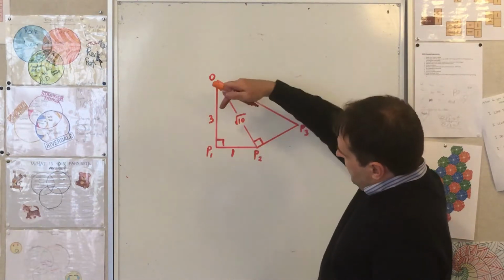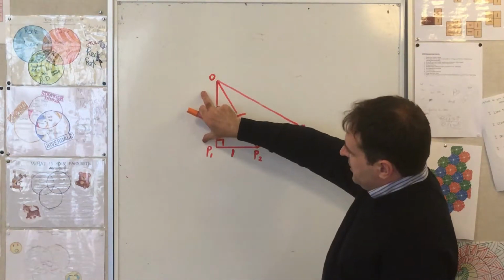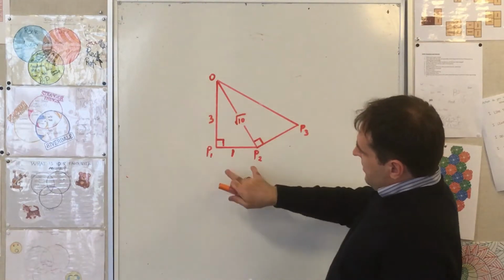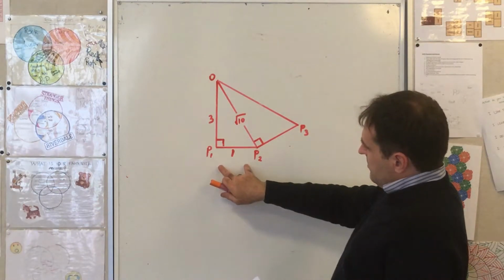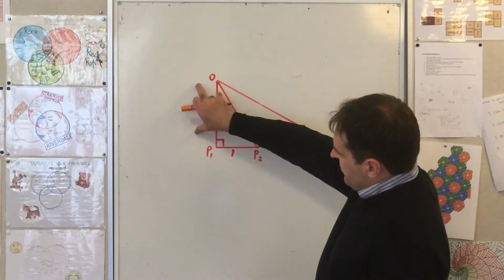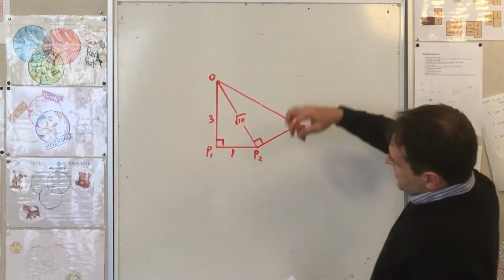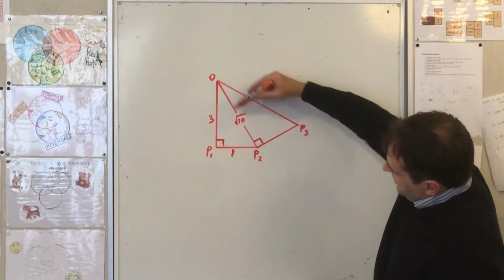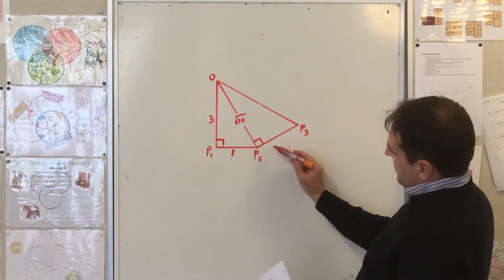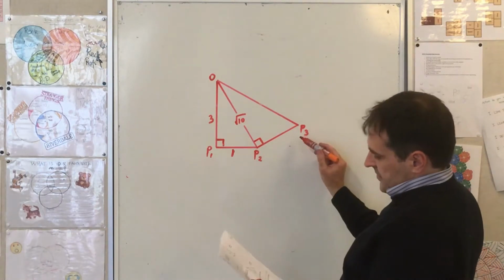Now we know that this side here, OP1, is 3, and this side here, P1, P2 is 1. So this is 3 times as big as that. So that means in the big triangle, this side will be 3 times as big as this side.